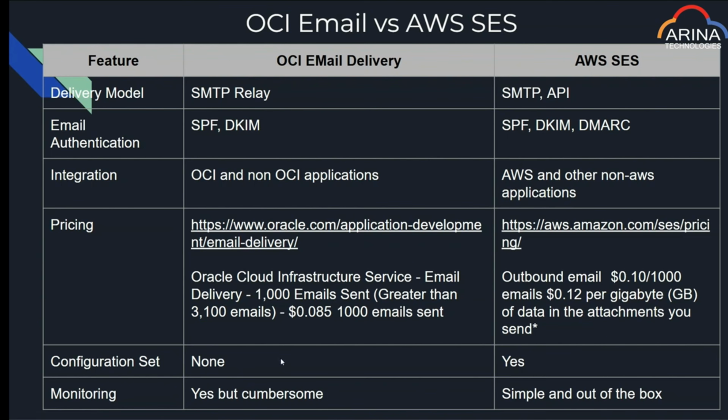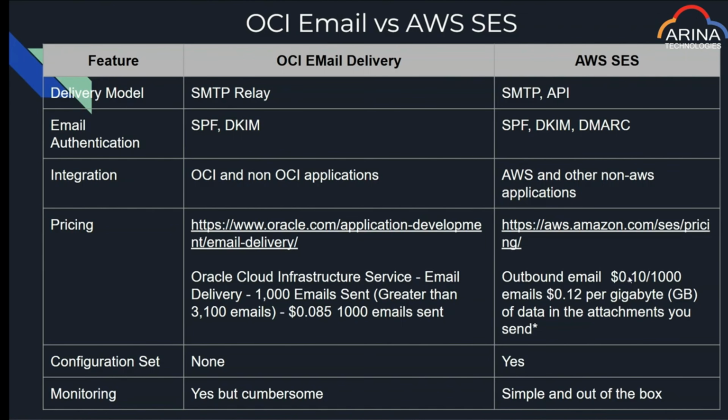Monitoring is there in OCI, but it's not straight out of the box as SES has, which means you have to go and do the setup compared to SES. And this is the bargain that you need to look into, because for AWS, you're going to be paying a little more, but you're going to be getting a smoother setup compared to OCI.